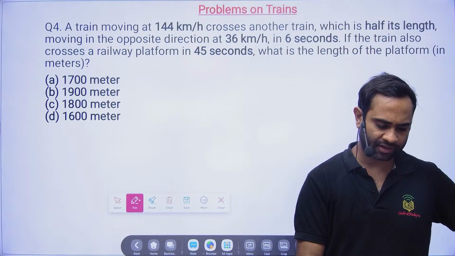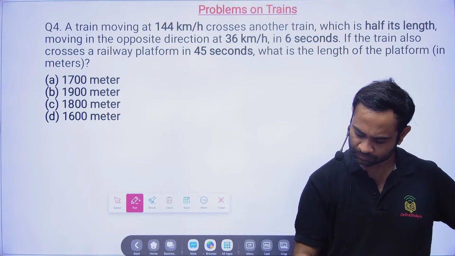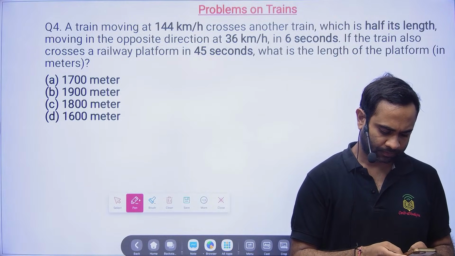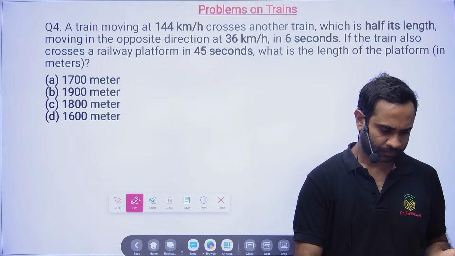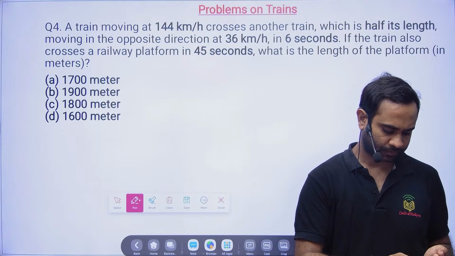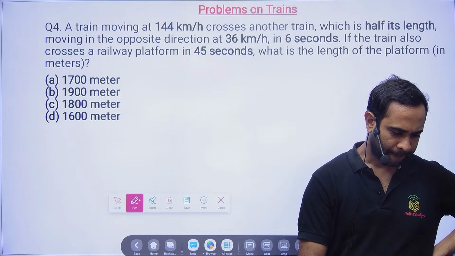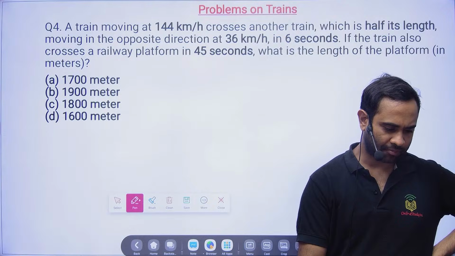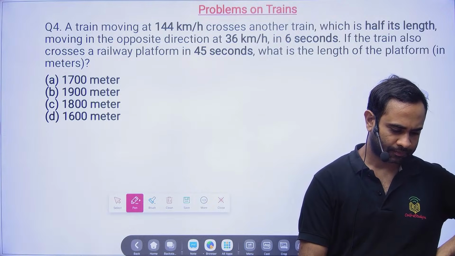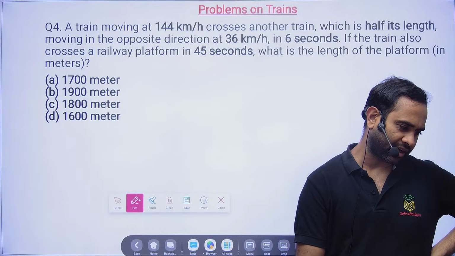Your timer has already started. Let's see who is solving this. Thank you, Sam bhai. 1600 is the answer.